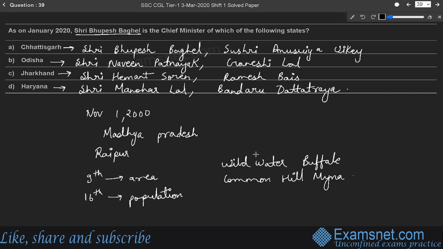So for this question, we have the answer, which is Chhattisgarh, because Shri Bhupesh Baghel is the Chief Minister of Chhattisgarh. So for this question, the correct option will be option A. I hope you are clear with this question and you have enough information about the state Chhattisgarh.